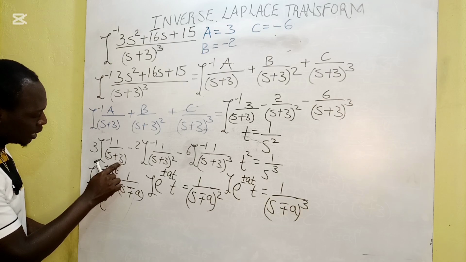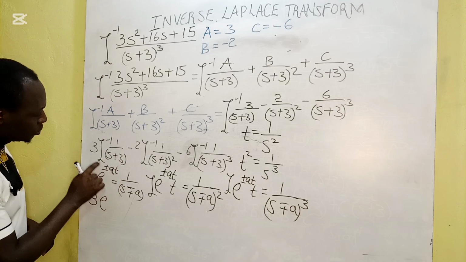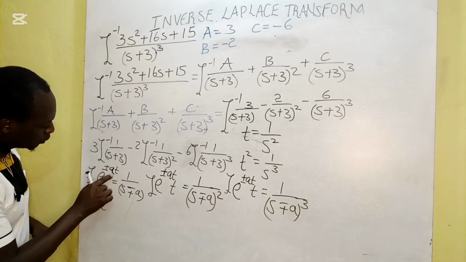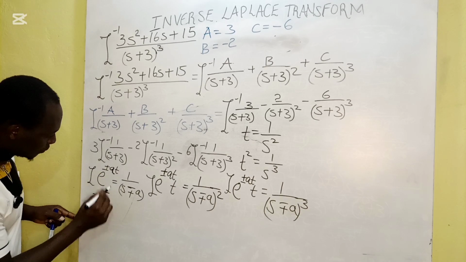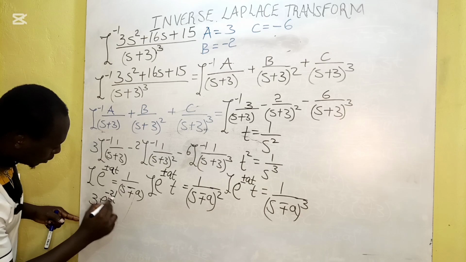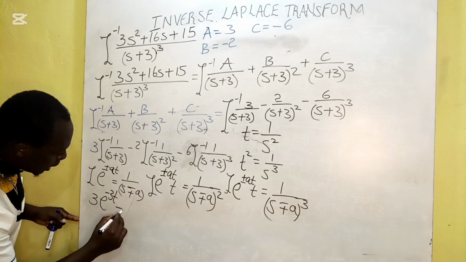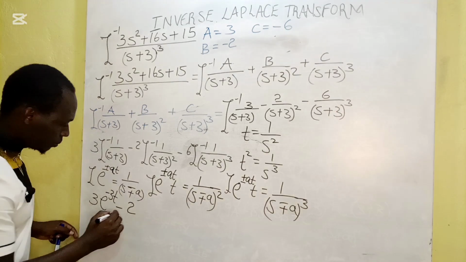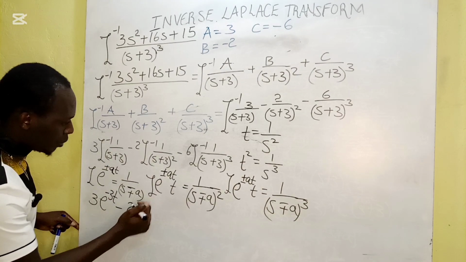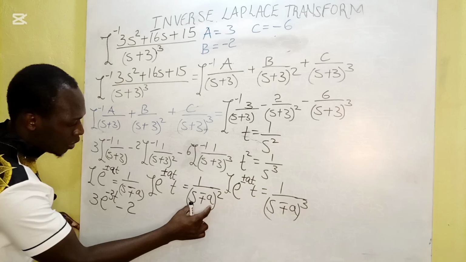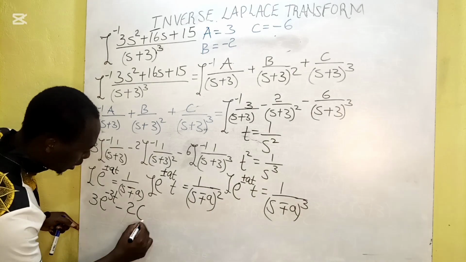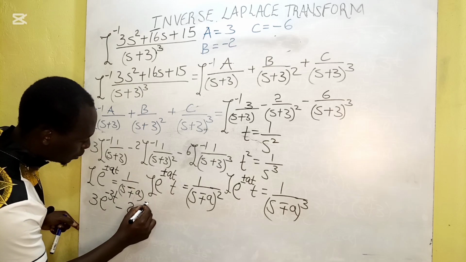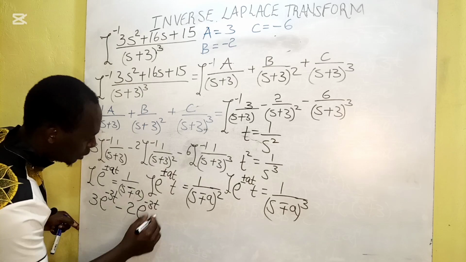Here we are having a positive of 3 to mean that the coefficient of t, we are going to have a negative of 3t. We come and subtract from 2. Here we agree that we are going to use our function here to mean that we are going to have the exponential. It was shifted with respect to a negative of 3t.